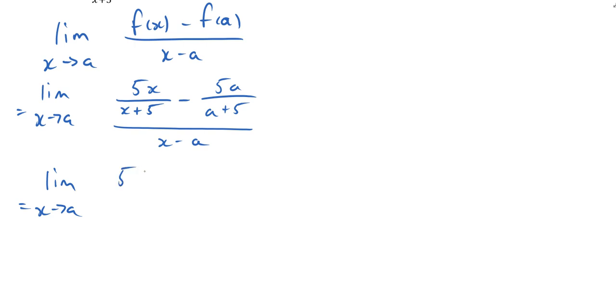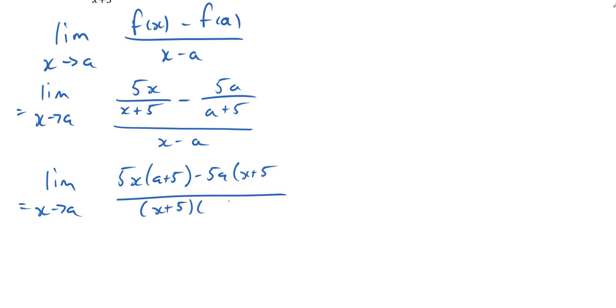So this is going to be 5x times a plus 5 minus 5a times x plus 5 all over the common denominator that I just created. And then this is going to be times 1 over x minus a, or you could do it like this, that whole thing over x minus a. Those two things mean the same thing, right? Are you okay with that? Yes, yes, yes.